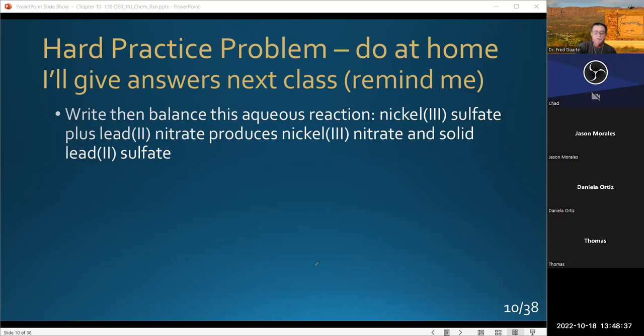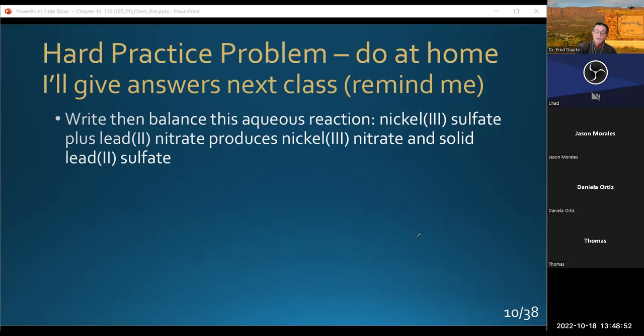But the first thing to do is to break everything down to ions to make sure that we put everything together properly in the right ratio, okay? And so let's do the first one. Let's read the whole thing. It says here, write then balance this aqueous reaction.